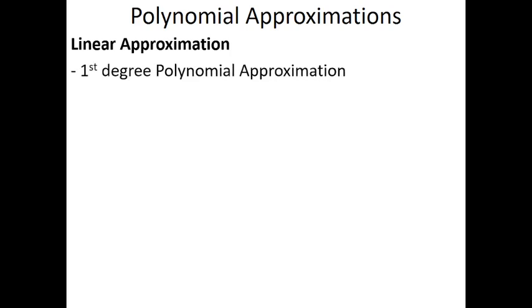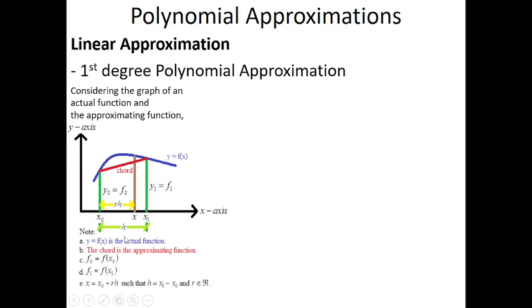For linear approximation, this is a first degree polynomial approximation. Considering the graph of an actual function and the approximating function, as you notice here, we have the function y equals f of x.